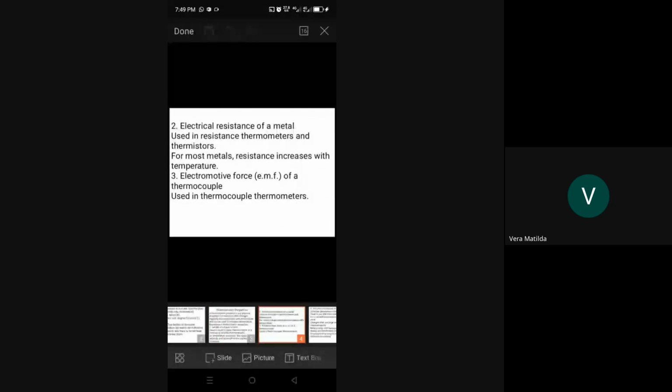Then another is electrical resistance of a metal. This thermometric property is used in resistance thermometers. Okay, for most metals, resistance increases with temperature. Don't forget that. For most metals, resistance increases with temperature.